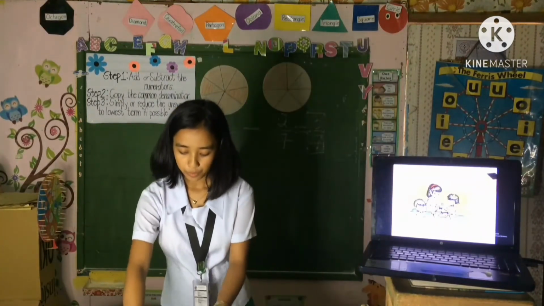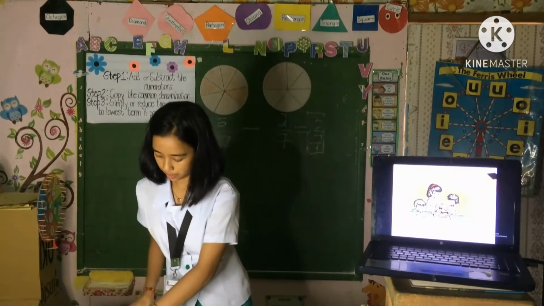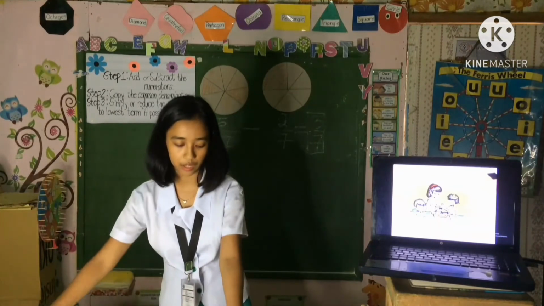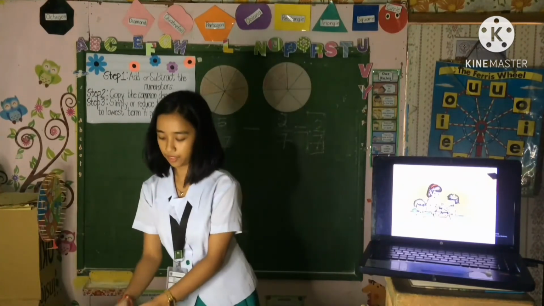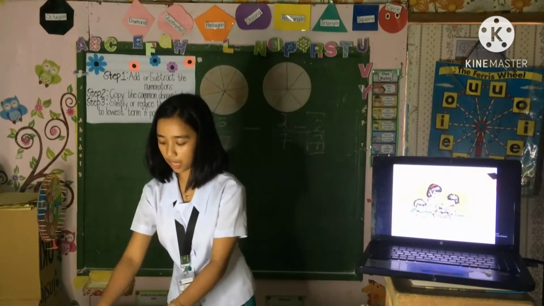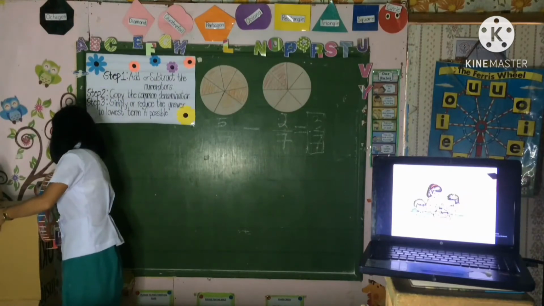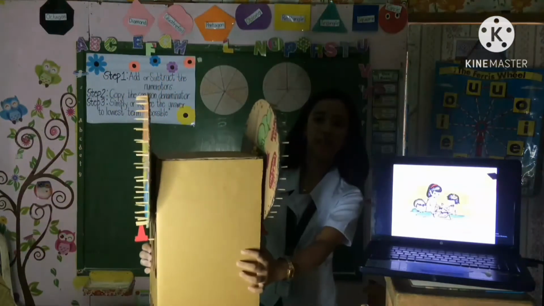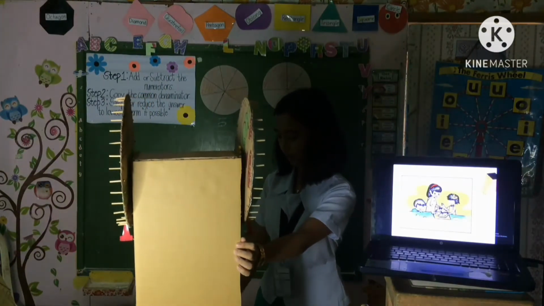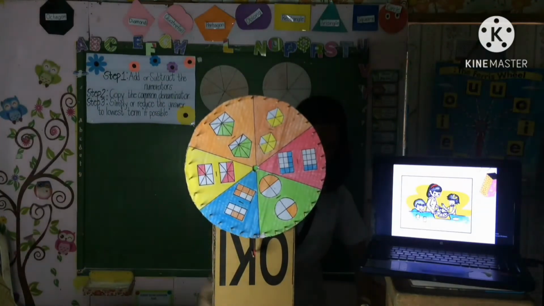Now, if you understand our lesson, I have here a fun learning material that you need to answer, so that I will know if you understand our lesson. I have here a roulette. This roulette comes in different graphic illustrations.